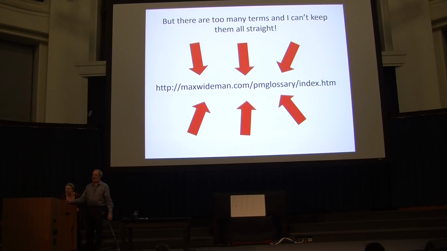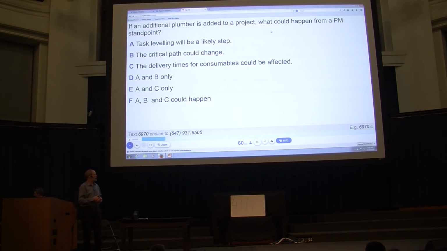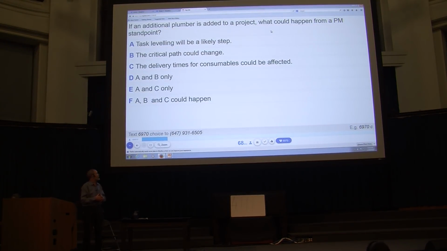The question has to do with adding resources, because if you, for instance, don't like the fact that your project is getting way out there, you may find that you have to add resources. So here you have a project, you've added a plumber to it, okay? So what's going to happen here?